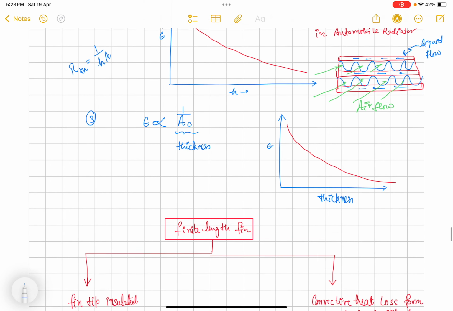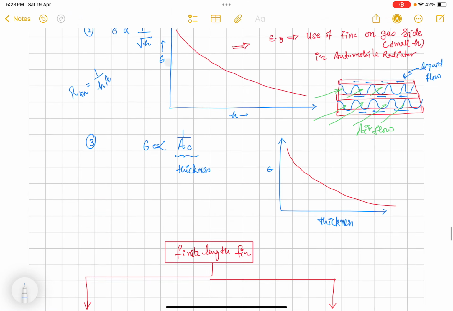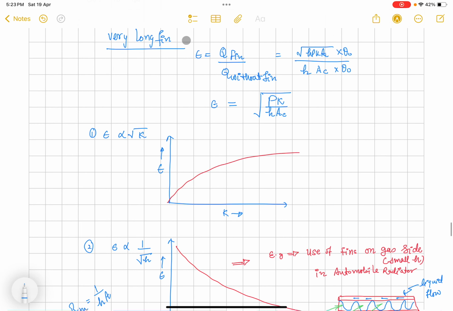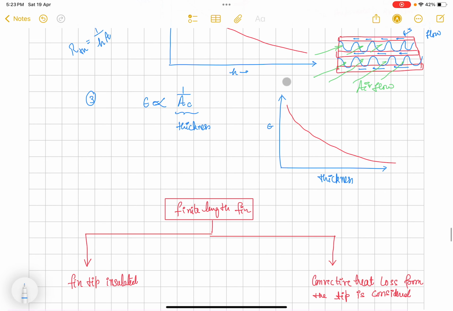All right. And also, from the above expression, fin effectiveness is inversely proportional to the cross-sectional area of the fin. This cross-sectional area also contains the thickness.